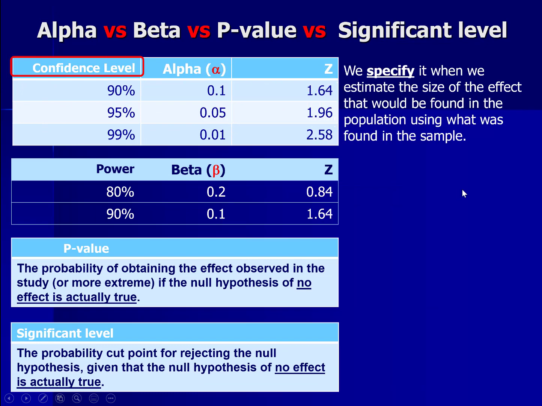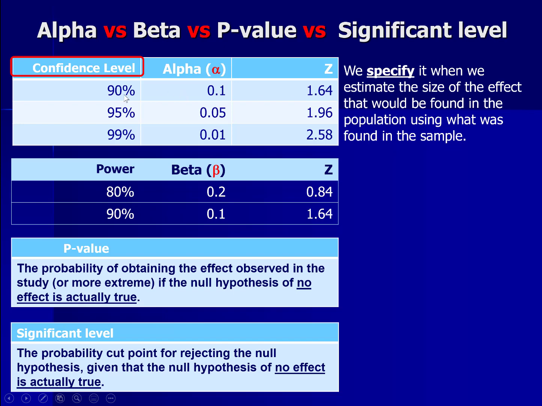For the confidence level, in terms of alpha, we specify it when we estimate the size of the effect that would be found in the population using what was found in the sample, or statistical inference from the sample to the population.